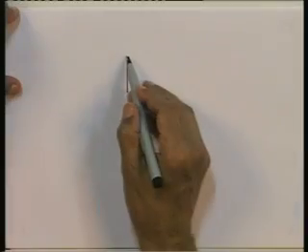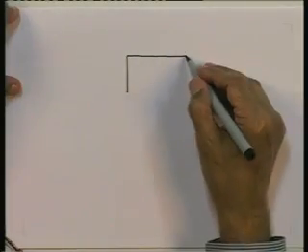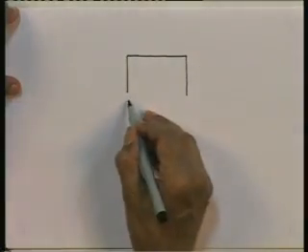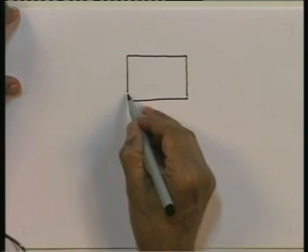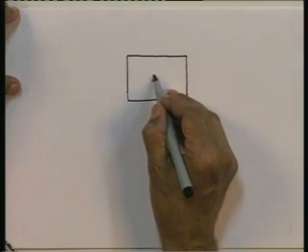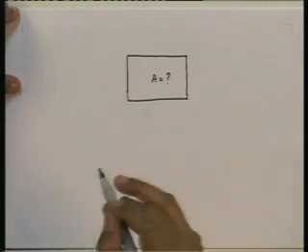Now, let us just draw a sketch. Here is, let us say, a schematic diagram. This is the cross flow situation. Let us say this is the heat transfer area A, which we have to find out.